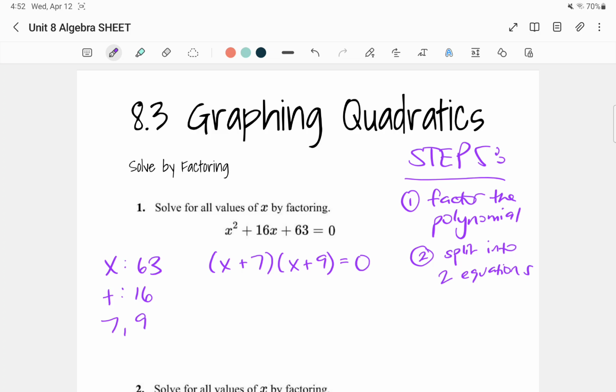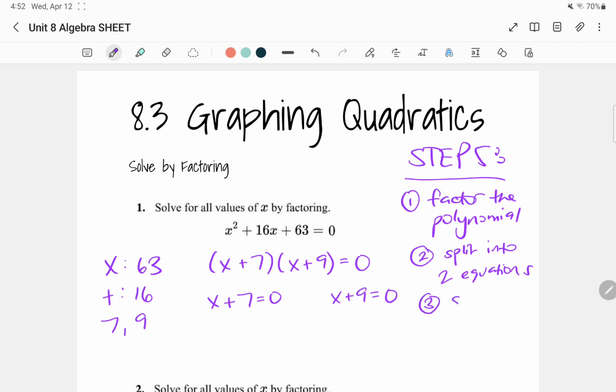Just like if I divided both sides by x plus 9, I would have x plus 7 equals 0, and then whatever x would be to make it 0 would make it true. So basically, I'm going to pretend like I'm taking one part equals 0 and the other part equals 0. So that means x plus 7 equals 0 and x plus 9 equals 0. So see, I have two different equations.